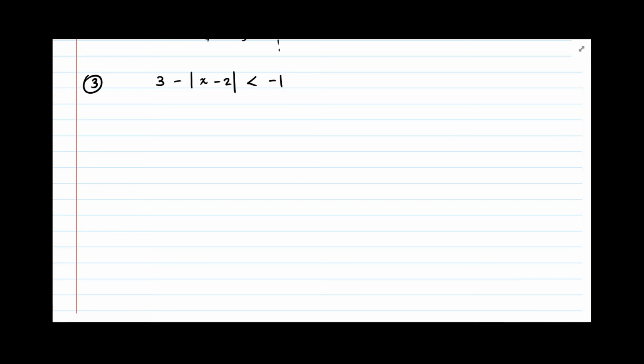Suppose I have this inequality. Do not just start and say, oh yes, I've seen a less than sign, this must be an and.